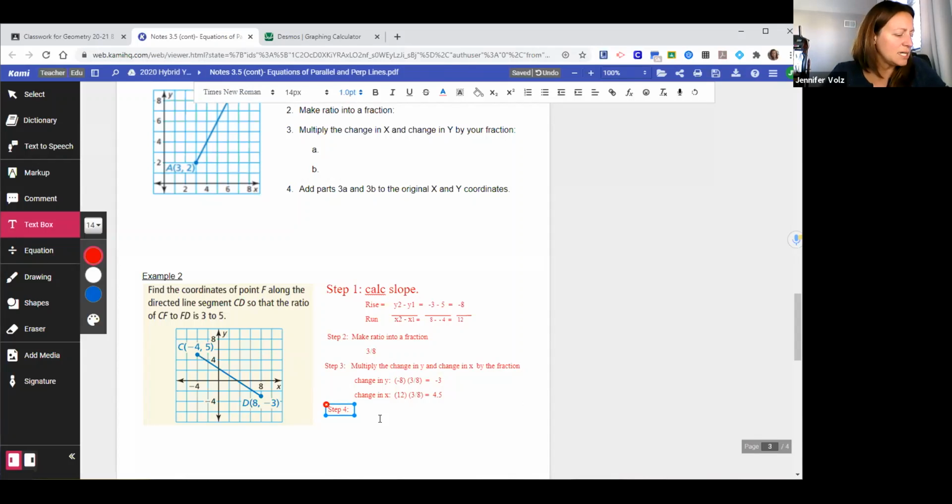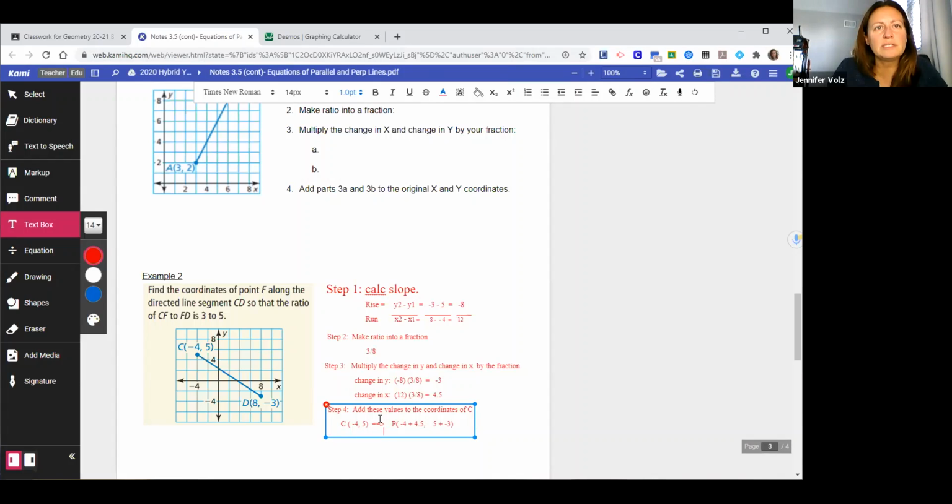Now, step 4 says add these values to the coordinates of C. At point C, you're just going to add a -3 to the Y and a 4.5 to the X. So C starts off as (-4, 5), and for the new point, it's going to become -4 plus 4.5 and 5 plus -3.